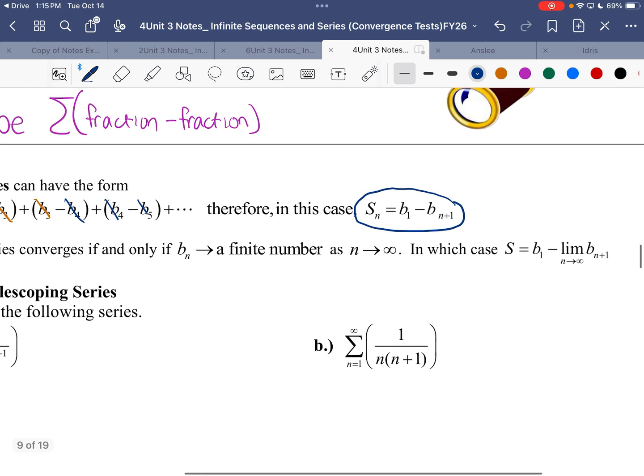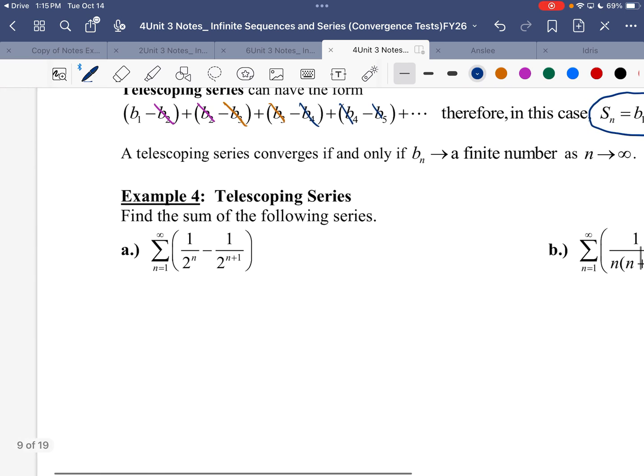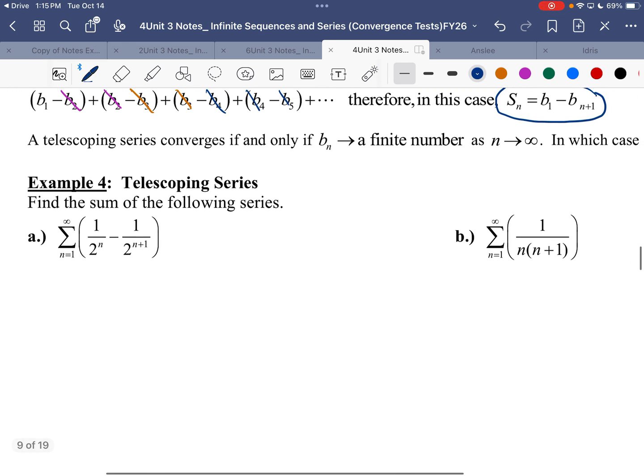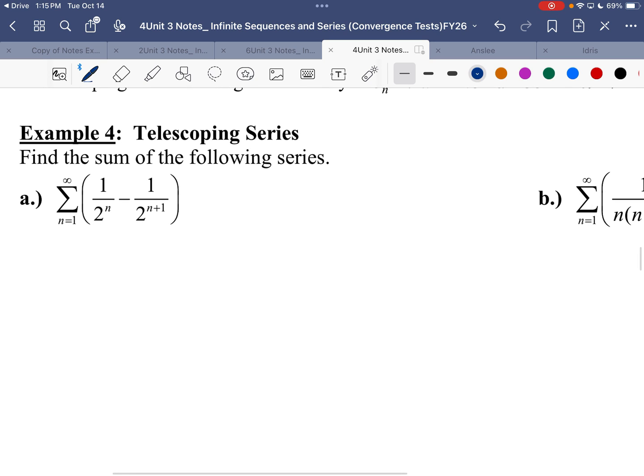So let's do the first one. Telescoping, it's easy if you plug in a couple of values of n. So let's plug in 1. Where are we starting? 1. Yeah, 1. So we have 1 over 2 to the 1 minus 1 over 2 squared, plus, plug in 2, 1 over 2 squared minus 1 over 2 cubed.